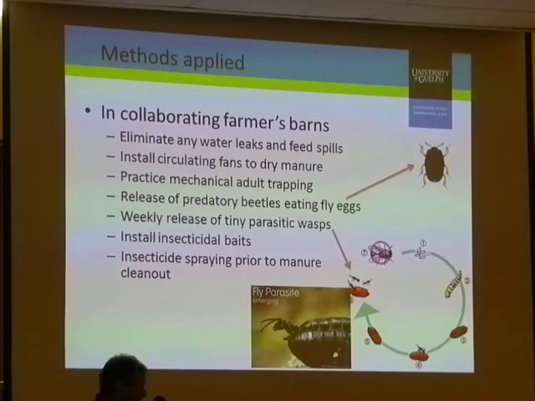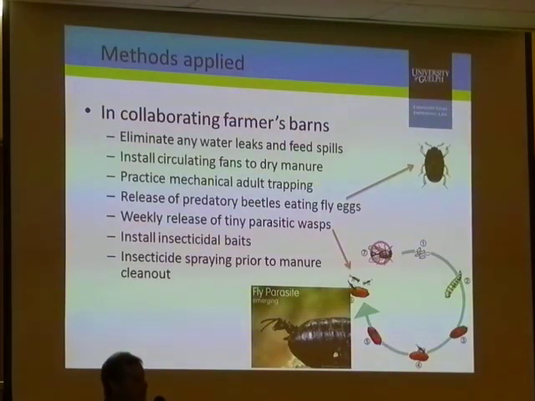So what it does is we release them, and so you have the cycle of the fly here. Then the female wasp will find pupae, drill a hole, and insert her egg inside it, one or more eggs, and then instead of a fly coming out, it's wasps.